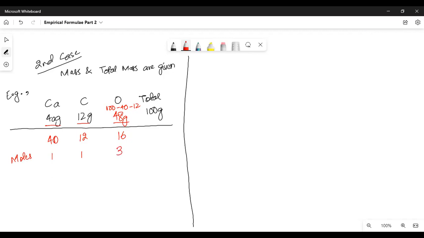So these are easier numbers. I actually came up with a very easy question. There are no decimals, so you can simply take these numbers and form a formula. So what formula do you get? We would divide by the smallest number, but you don't need to do that. You already have whole numbers. Simply create the empirical formula.